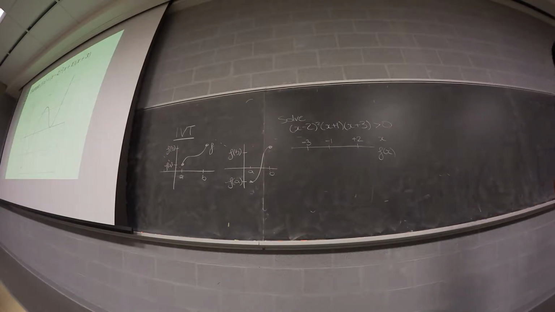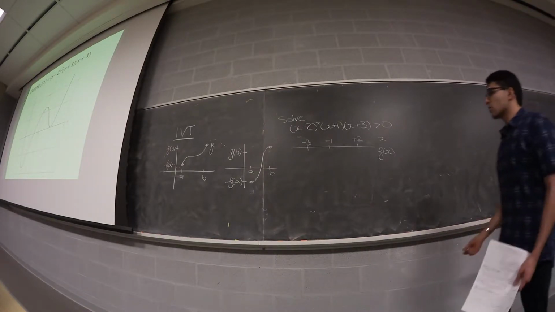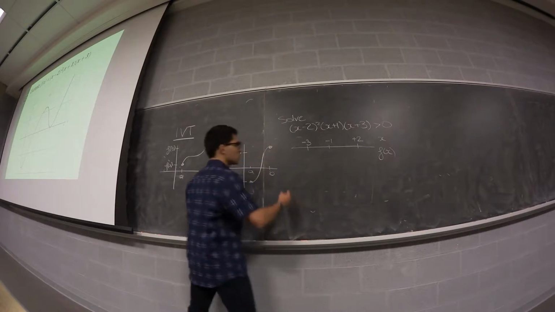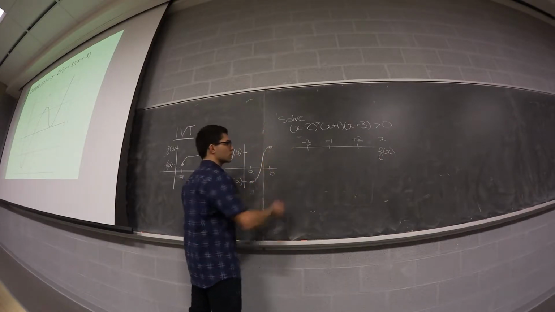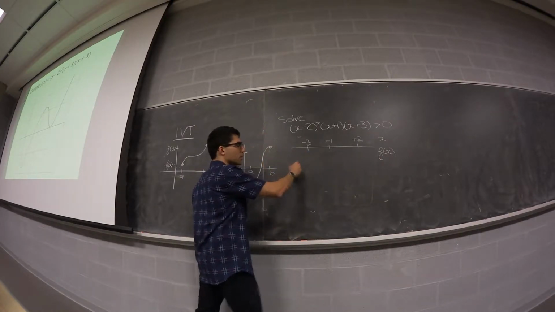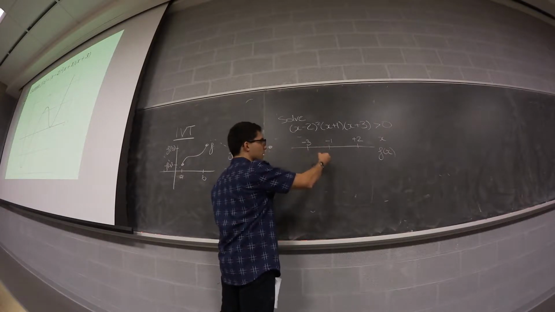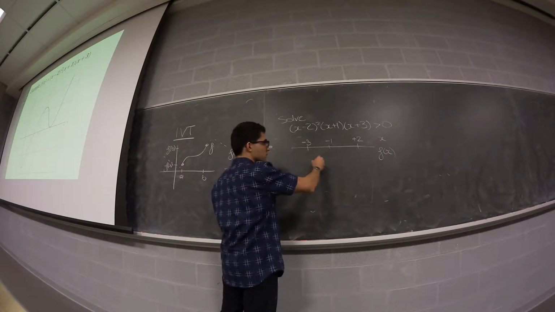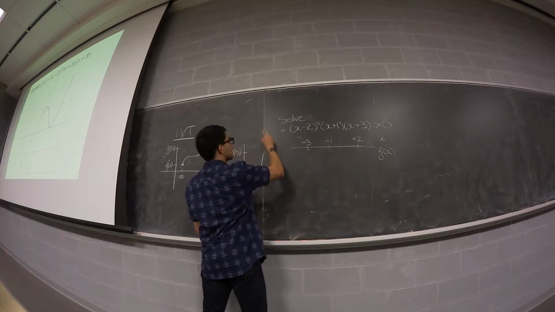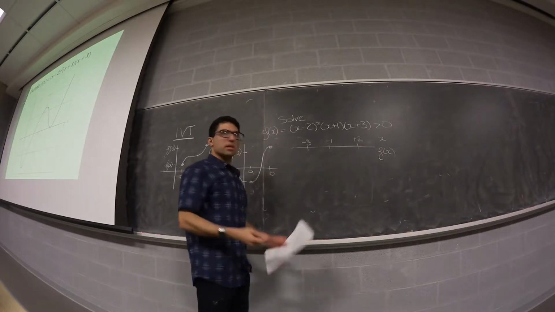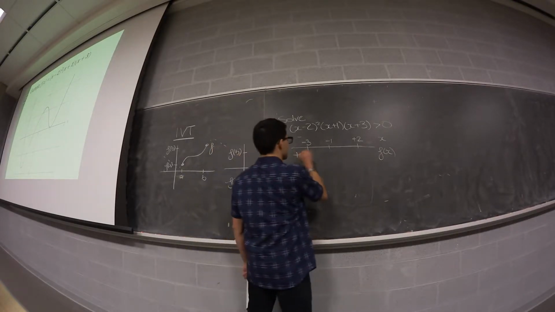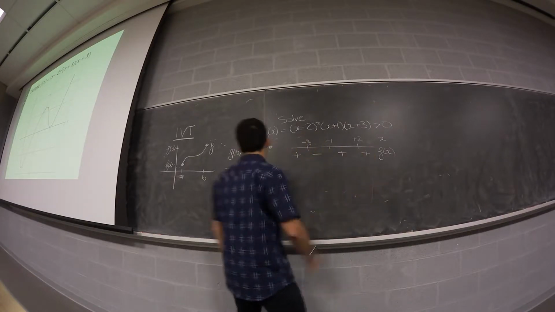Okay? You do something like that, and then a lot of you, what you do is you just pick some number over here, like minus 4, you plug it in, and then you get the sign of f. You pick some number in here, plug it in, see what the sign is, and then this was f. Okay, and say that's the sign of f, so you get plus, minus, plus, plus. Okay?